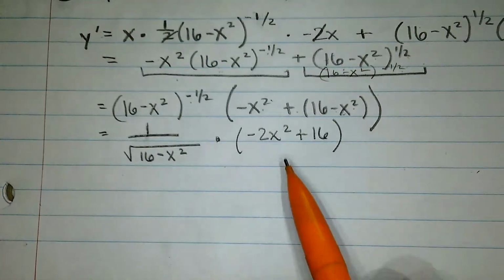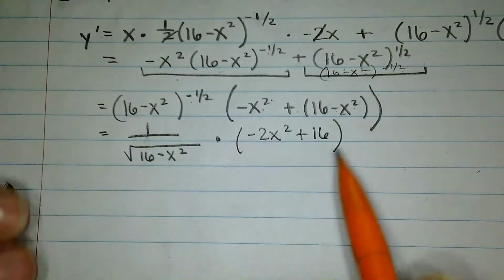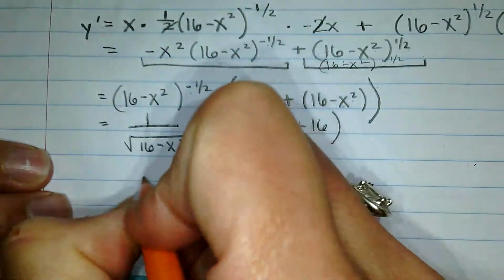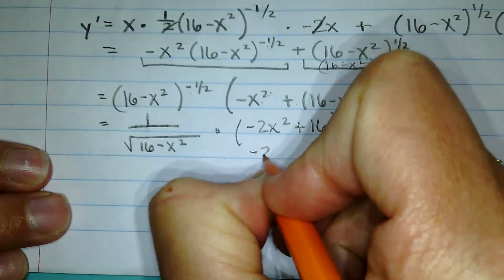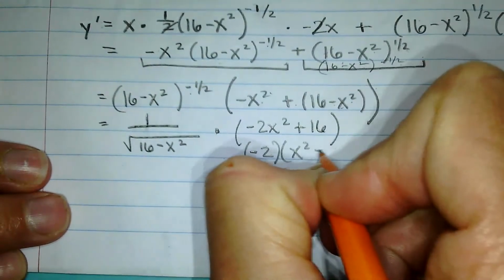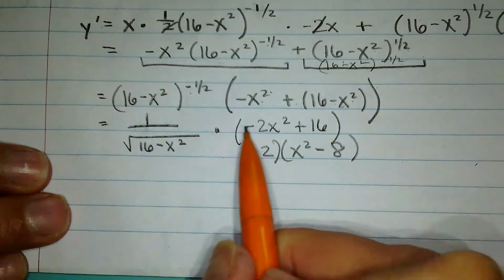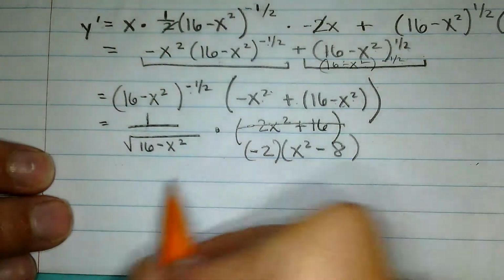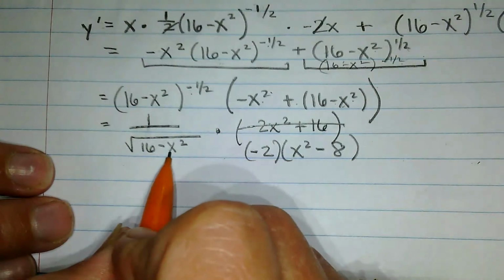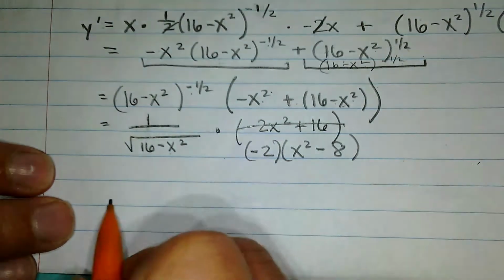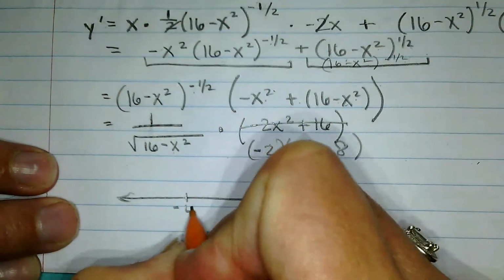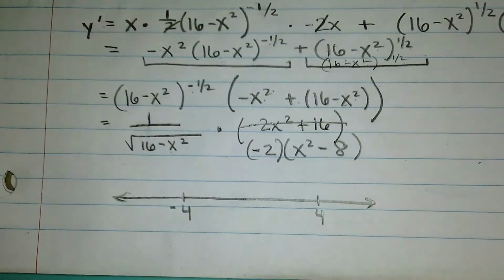So from here, I think I'm also going to factor out a negative 2 from this. So this will end up being x squared minus 8. So it's undefined at an x of plus or minus 4. So those are critical points because the slope is undefined there.